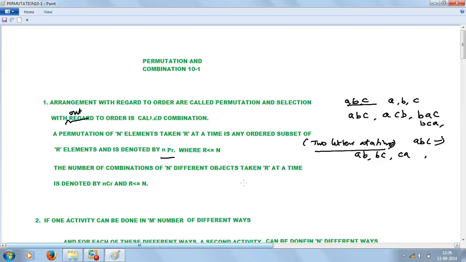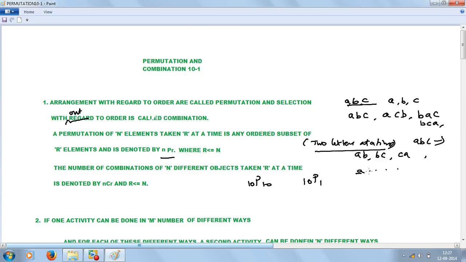We'll give some more examples. 10P1: permutation of 10 elements taken only one at a time. Suppose there are 10 elements, A, B, C, D, and so on. 10 elements taken one at a time.